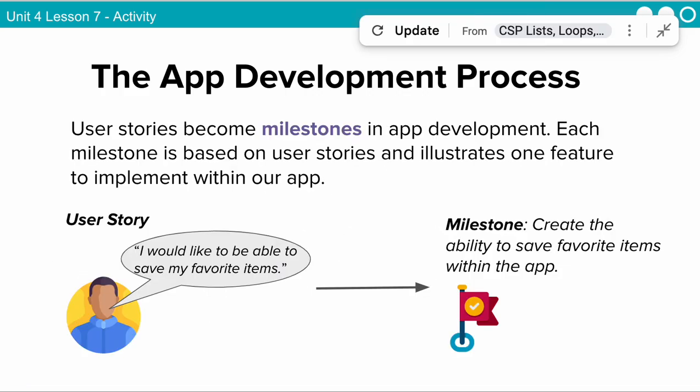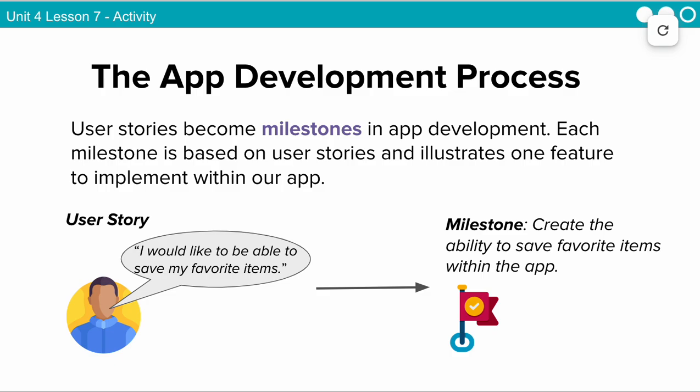Now, in the app development process, user stories become milestones. Each milestone is based on user stories and illustrates one feature to implement within the app. So this, I would like to be able to save my favorite items, becomes a milestone for the creator to create the ability to save favorite items within the app.